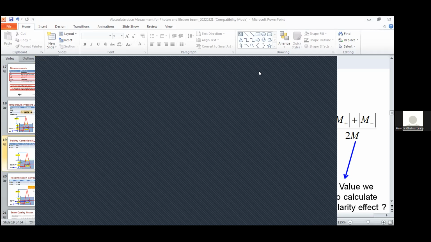Both chambers, Farmer and semiflex, are calibrated. Just a quick question for you: is your chamber cross calibrated with the Farmer or not? No. Okay, the semiflex which you have, do you have a calibration certificate for it? Yes. Okay, good. Yes, you can use it.